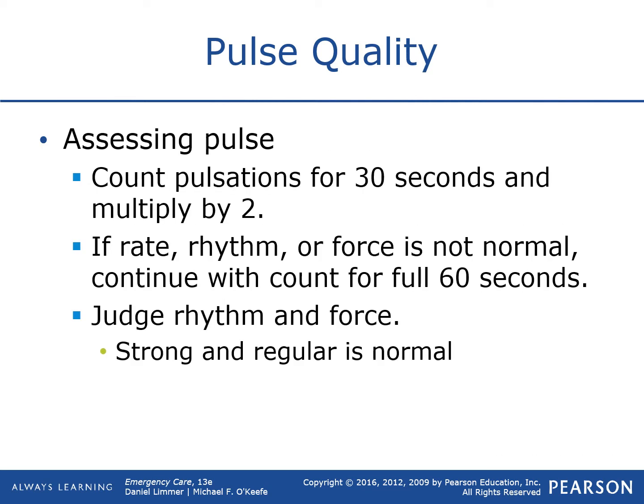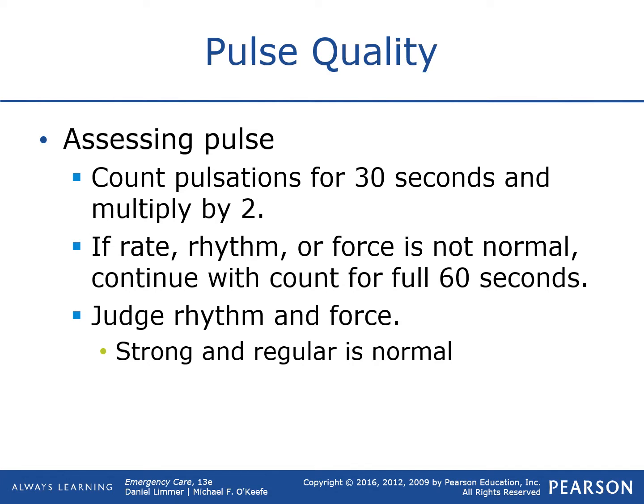So again, when we're checking for a pulse, you want to be counting for 30 seconds, and then multiply that number by 2. That should give you your minute-long pulse. If you find something very abnormal, so if your rate, rhythm, or force is not normal, you can always continue to count for a full 60 seconds to give a much more accurate picture of your heart.